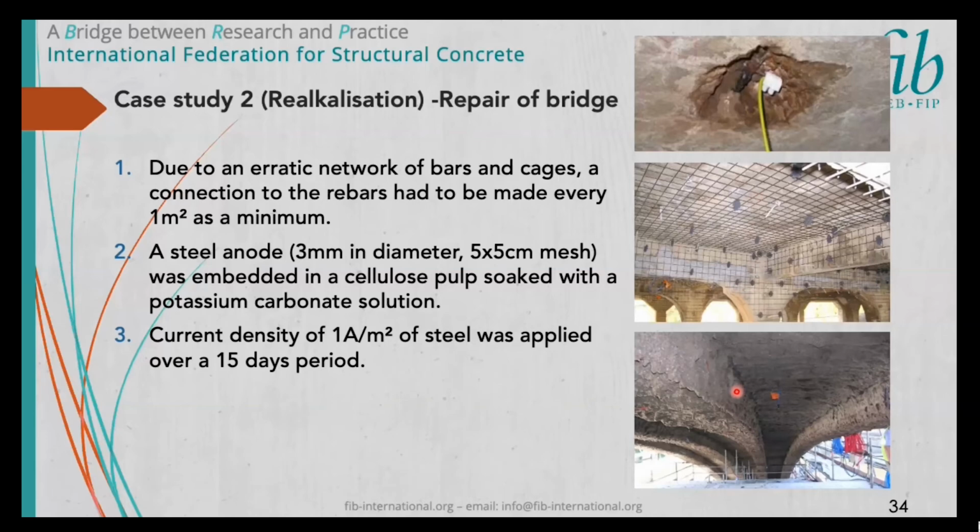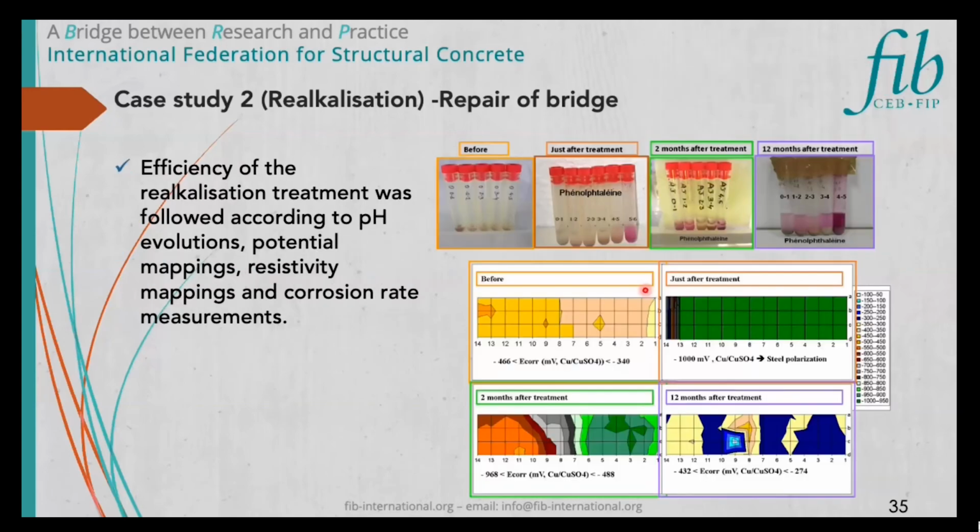Current density of 1 ampere per square meter of steel was applied over a 15 days period. After the realkalization treatment, its efficiency was followed for 1 year according to phenolphthalein coloring, potential mappings, resistivity mappings, and corrosion rate measurements.